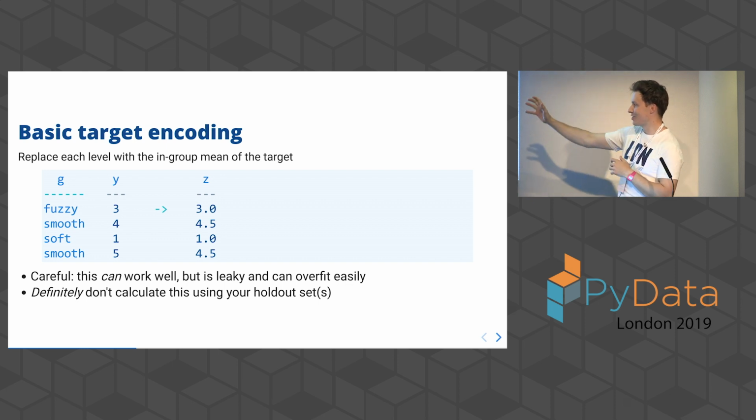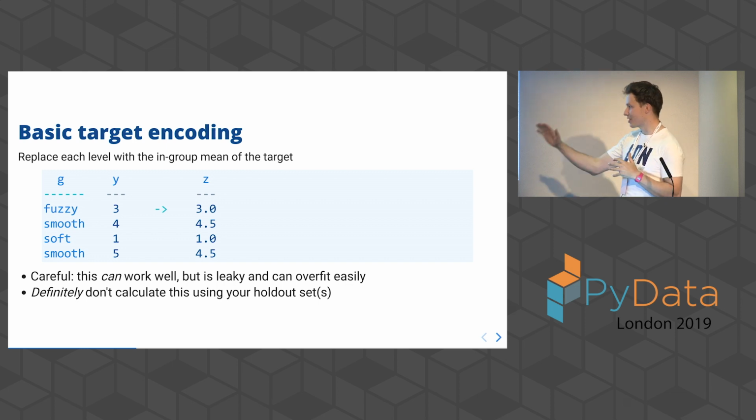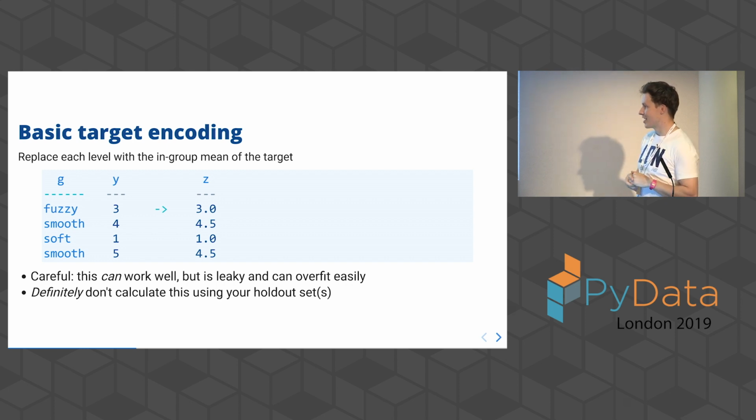This is a very direct example of that, since the value in each row is directly used in the calculation of the group mean. So it'll create a feature that your model thinks is amazing and fits to very strongly, but is just useless when you go to unseen data.